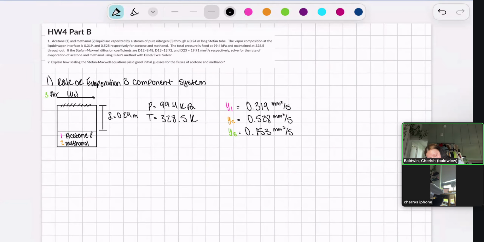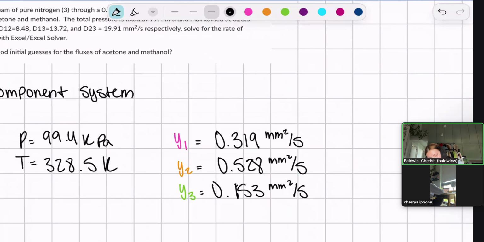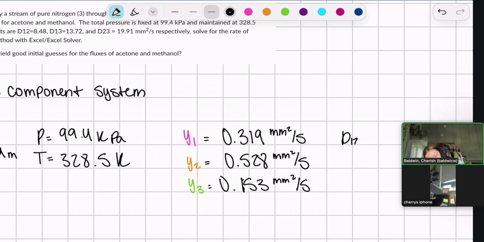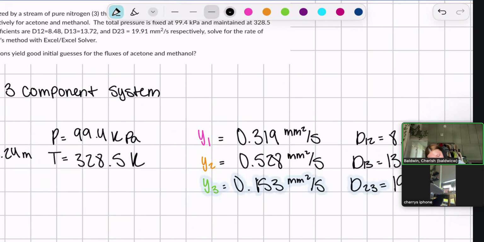And then we know that the Maxwell diffusion coefficients are, for acetone, 8.48, for methanol, 13.72, and then for air, 19.91.